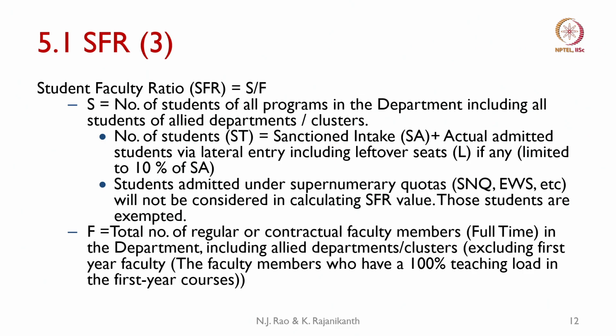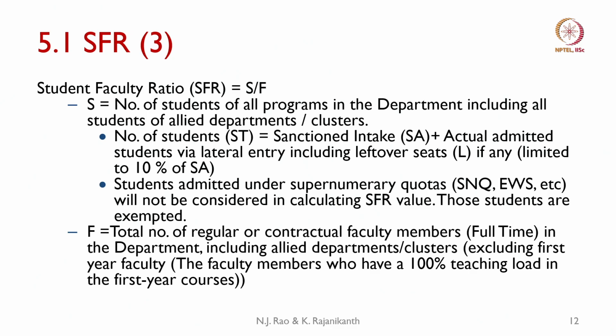Then students admitted under supernumerary quota, like economically weaker sections, they need not be considered in calculating the SFR value. We are excluding those students, supernumerary, economically weaker section quota and all that. They will be exempted. Then F is the total number of regular or contractual faculty members who satisfy all those guidelines that we have mentioned earlier, and they include allied departments and clusters as well.